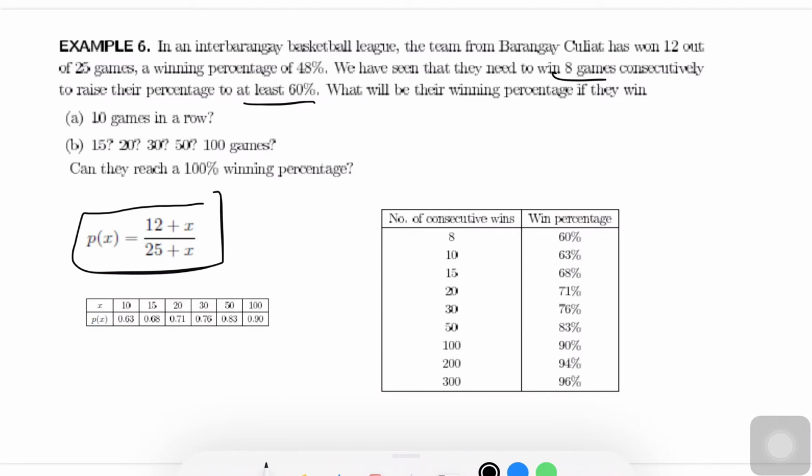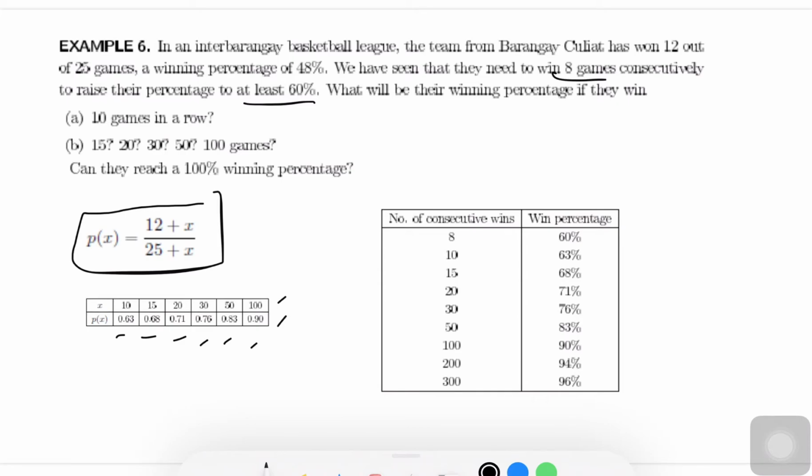Now, in letter A, let's start. We have these values 10, 20, 30, 50. So use those as your values of x, and then substitute. So we have this. Meaning this is 63%, 68%, 71%, 76%, 83%, and 90%.